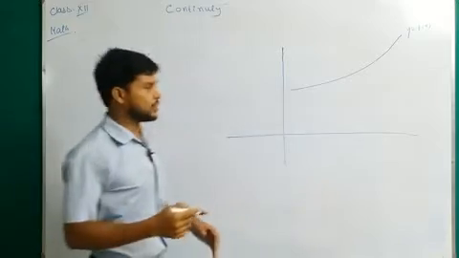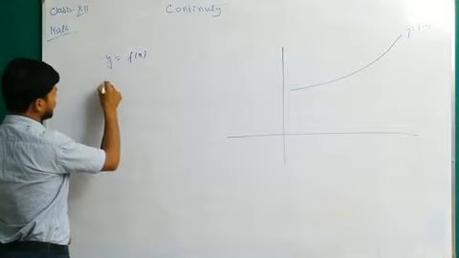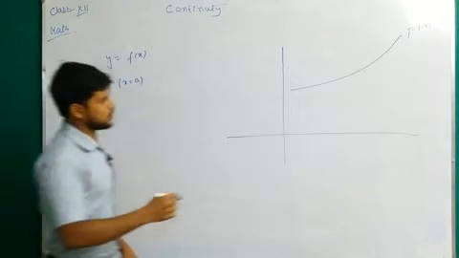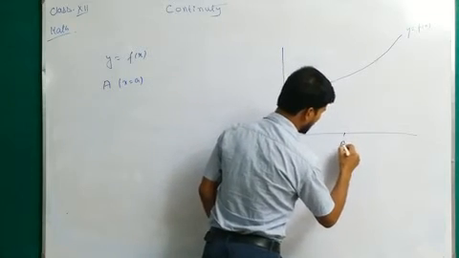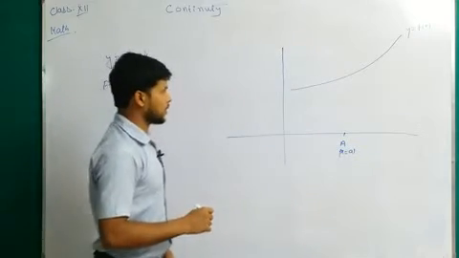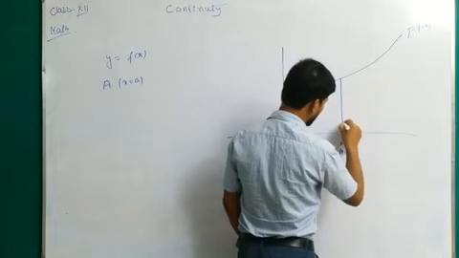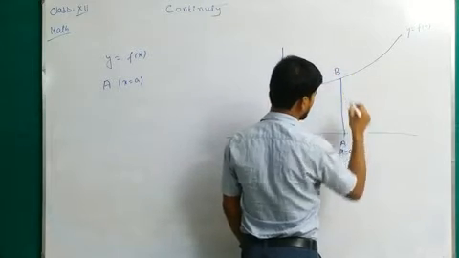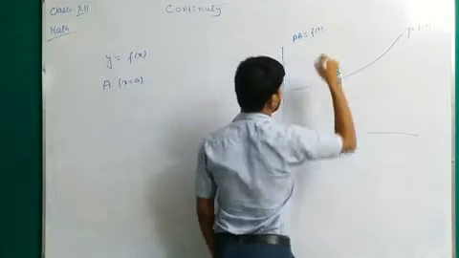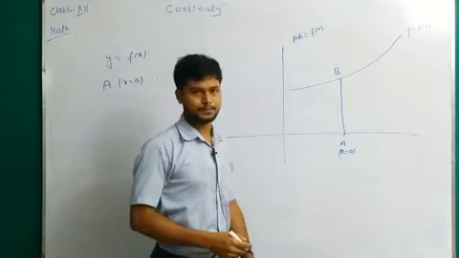Since the graph is continuous, let a point A be on the x axis denoted by x equal to a, and the corresponding point on the graph is B. So AB is equal to f of a, means the ordinate is f of a.